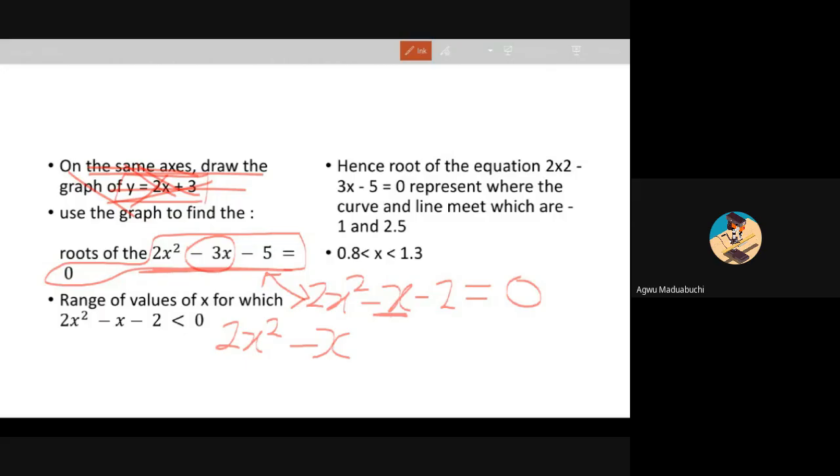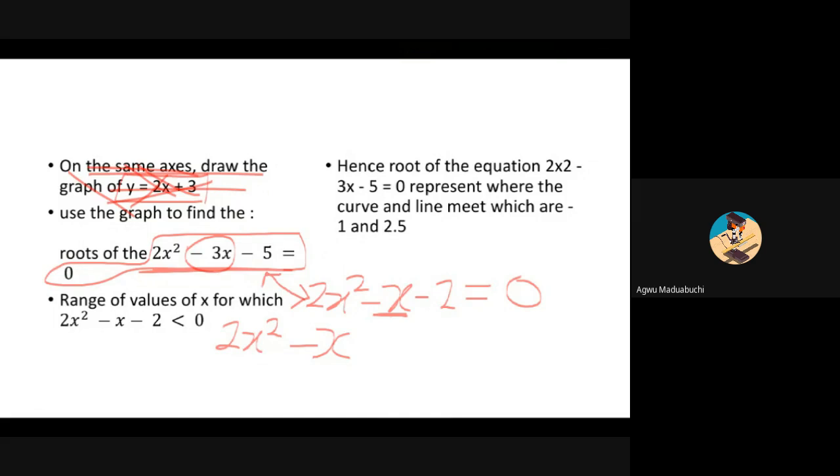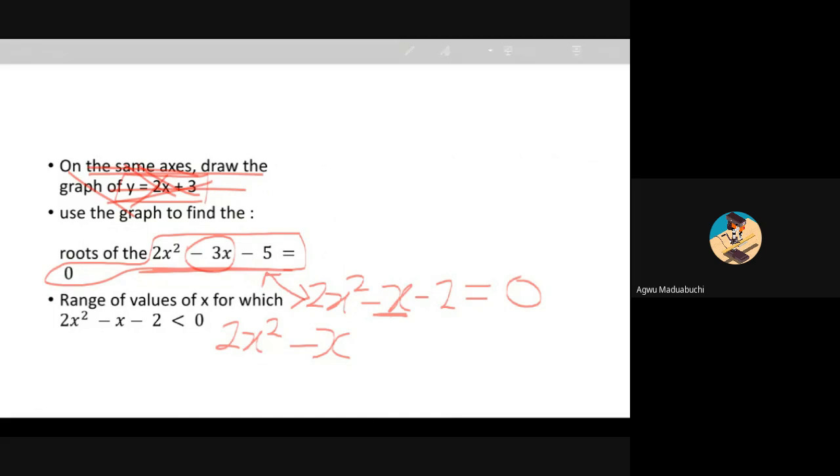Are we together? Yes, ma, we are. I said I have negative x. What do I need to add, or what do I need to subtract from negative x to get to negative 3x?